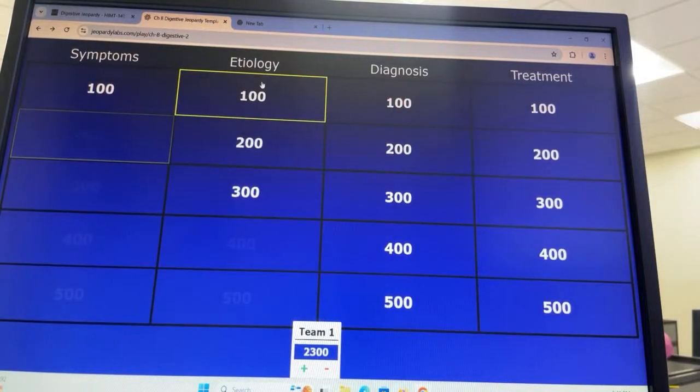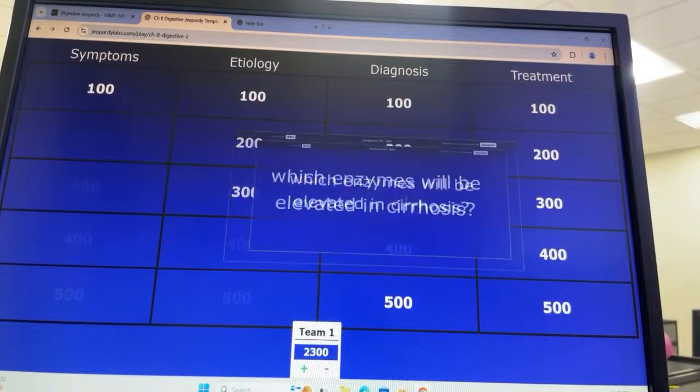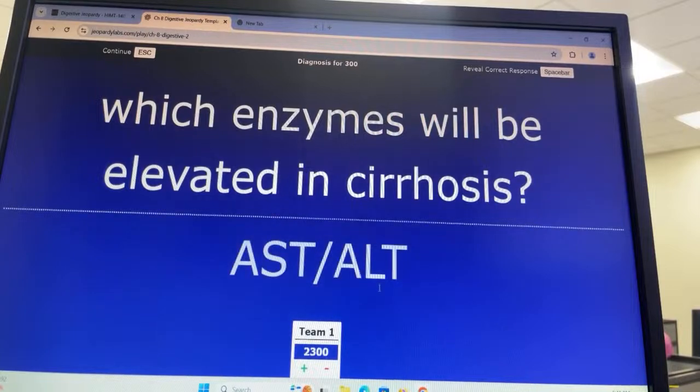All right, which enzymes will be elevated in cirrhosis? Yep, the AST and the ALT. Those are those liver enzymes because that liver is in distress.